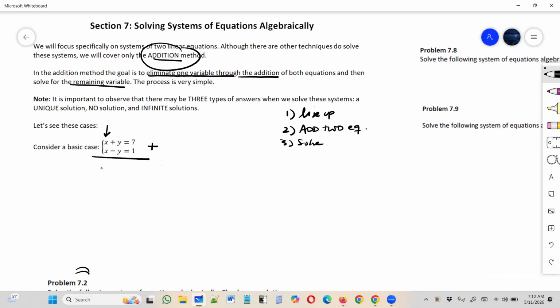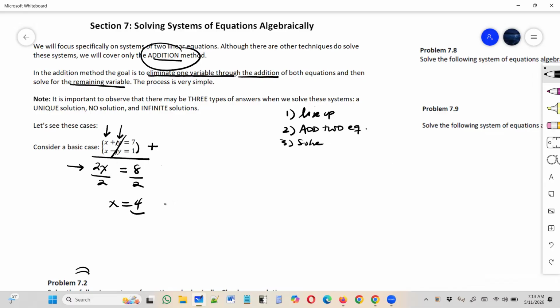If I add x plus x, I get 2x. If I add positive 1y and negative 1y, they cancel, which is what I want. 7 plus 1, 8. Now, this is always going to happen. Once you eliminate one variable, you're going to end up with something extremely simple that we can solve for the remaining variable. In this case, the only thing I have to do is divide by 2. And I get x equals 4.